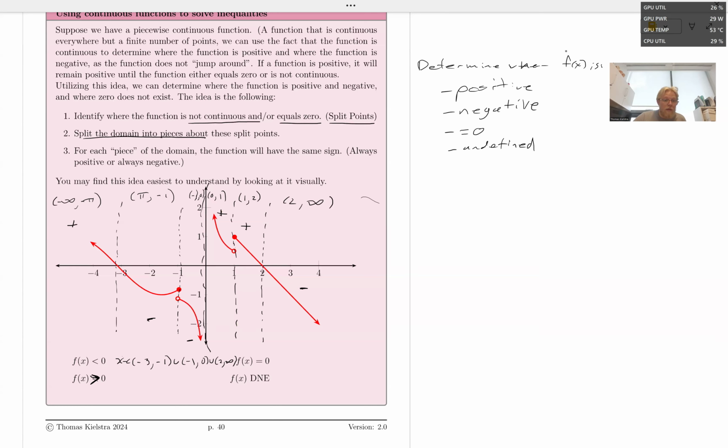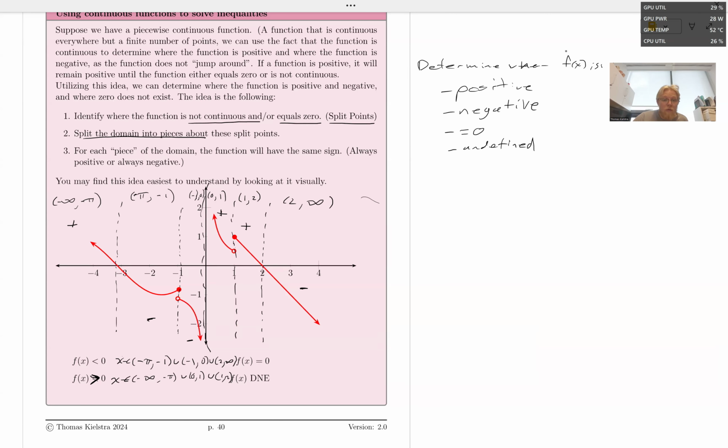Sorry, it's not -3, it's minus pi. Now, where are we greater than 0? This is for x in minus infinity to minus pi, unioned with 0 to 1, union with 1 to 2.